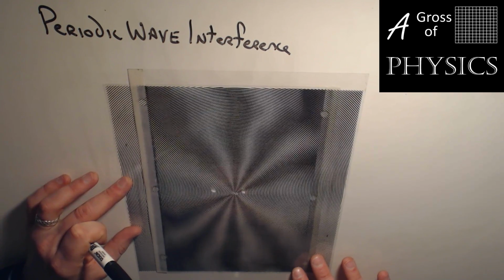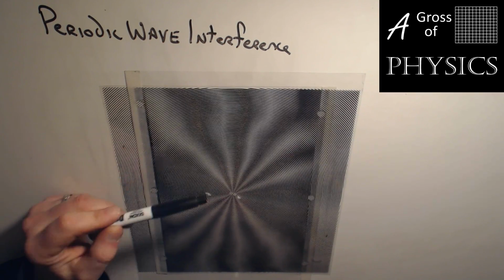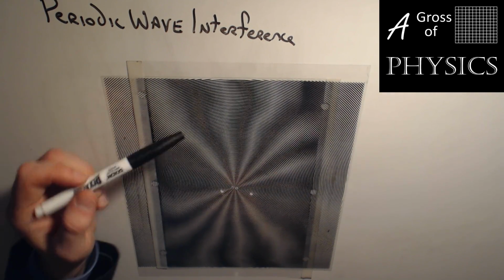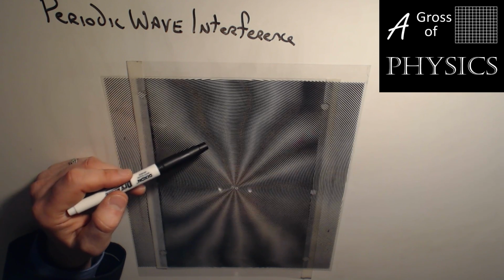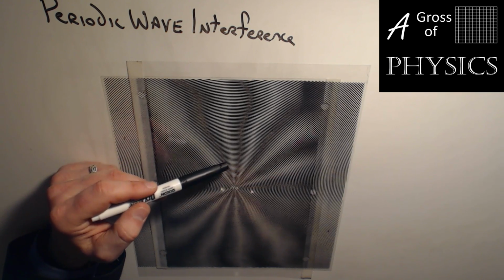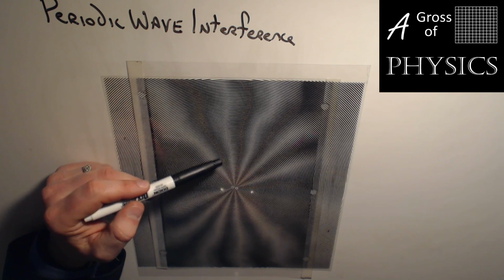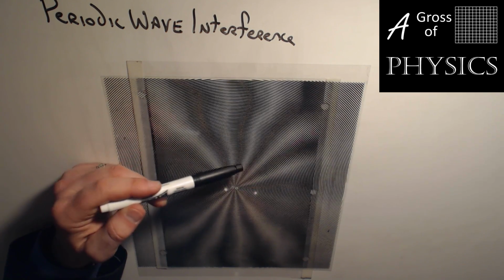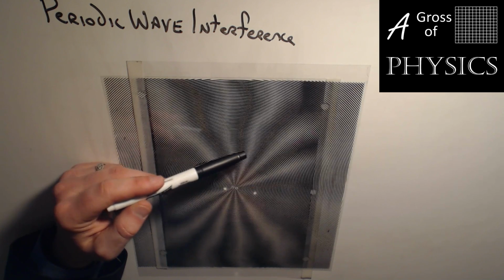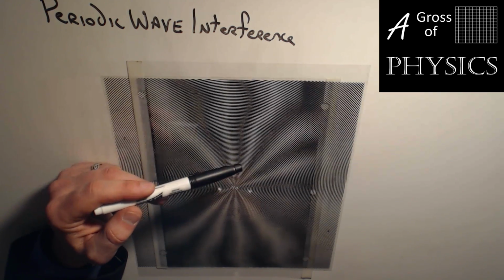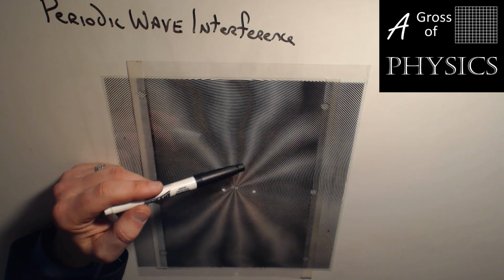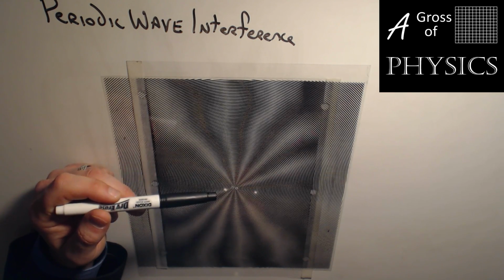The dark areas, like here, are where a crest and a trough are coming into contact. So these are zigzag patterns where a crest and a trough collide. The lighter areas are where crests are on top of crests, so the circles are on top of the circles, and the blank areas, which represent the troughs, are on top of the troughs.